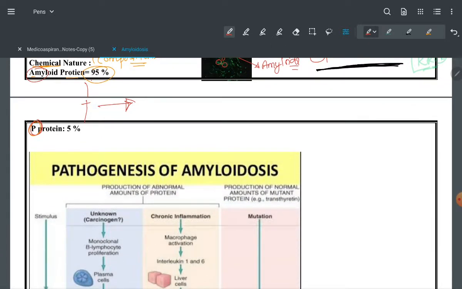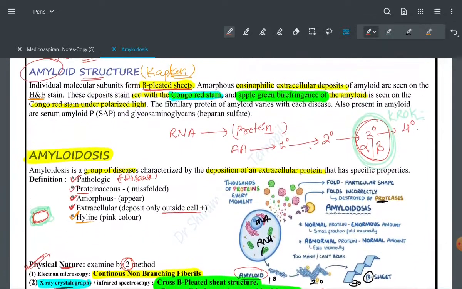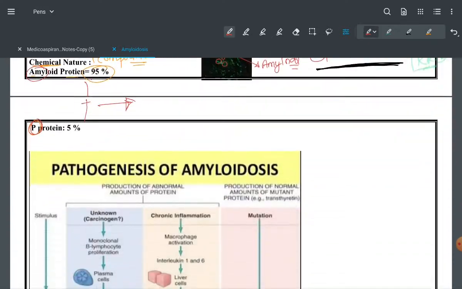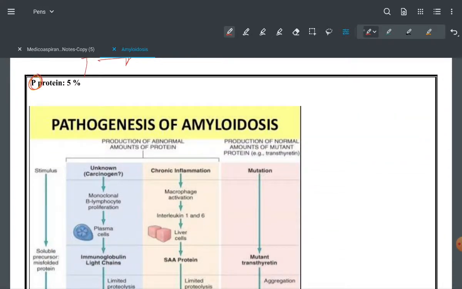So here, first you should see how the amyloid structures are formed. Before going to the next one, I would like to conclude briefly. In normal physiology, in the nucleus, DNA forms RNA, and RNA forms amino acids and protein.